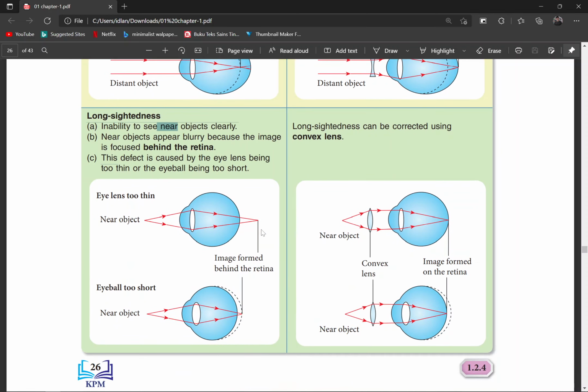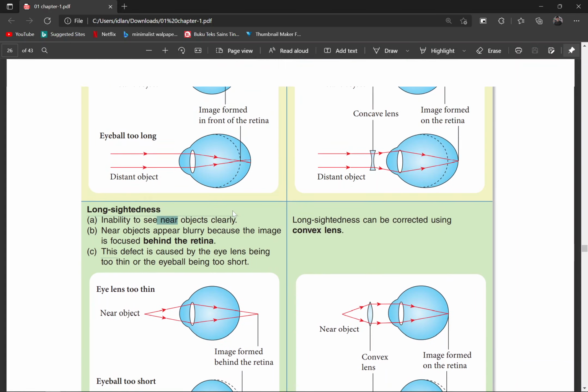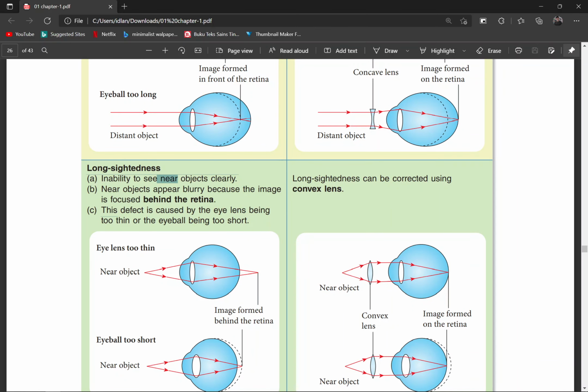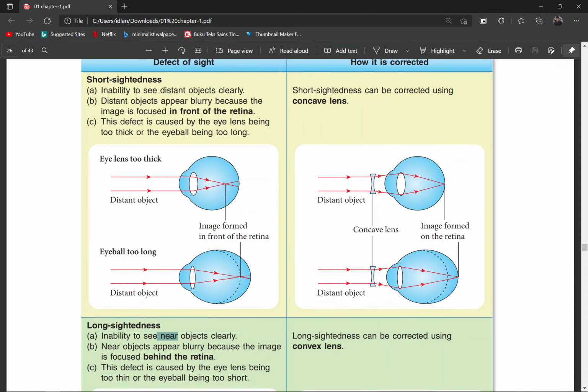Sorry, dia punya eye lens tu, biji mata dalam, bukanlah, dia punya kepingan mata tu. Tu kita punya eye lens lah. Eye lens tu terlampau nipis. Yang ni eye lens terlampau tebal. Ni lah long-sightedness and short-sightedness.